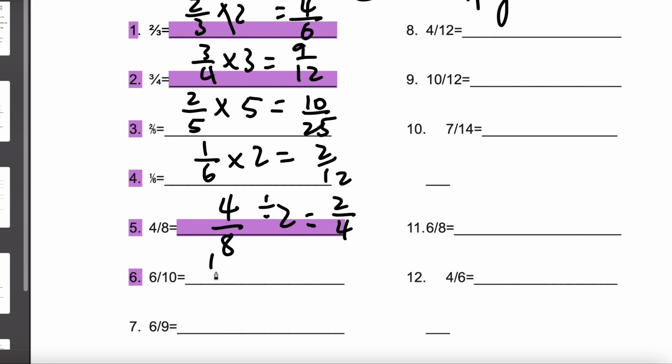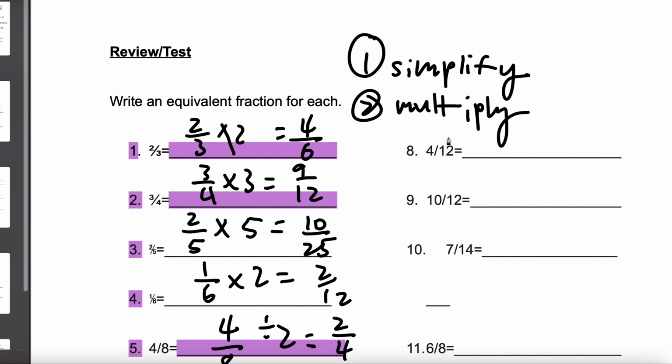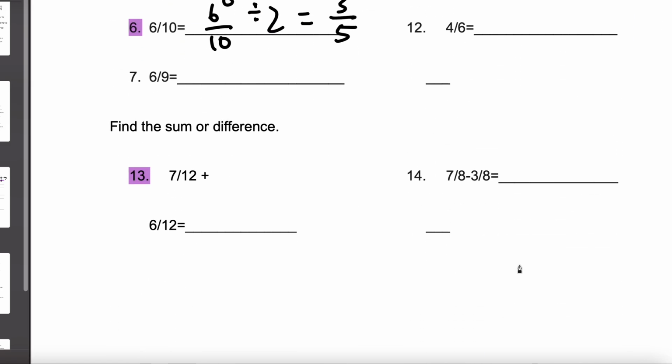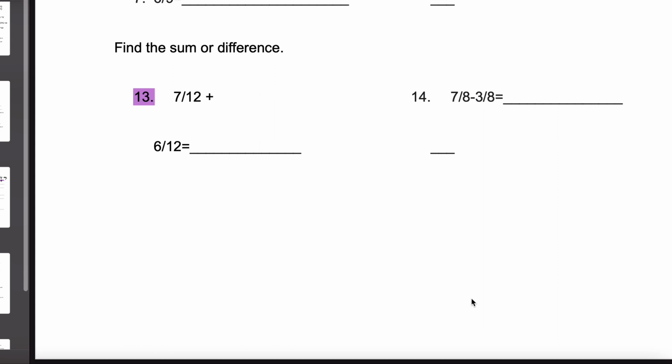Number 6, 6/10, I'm going to divide by 2 again, and I get 3/5. So as you can see, just multiply by any number, and you can simplify if it's divisible.